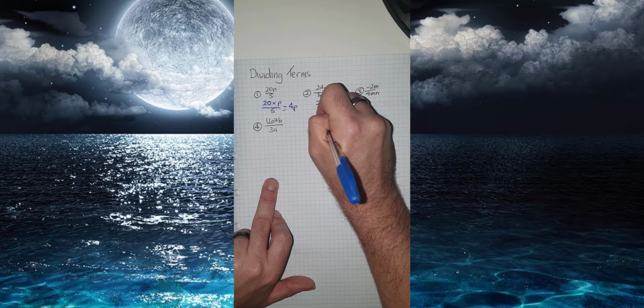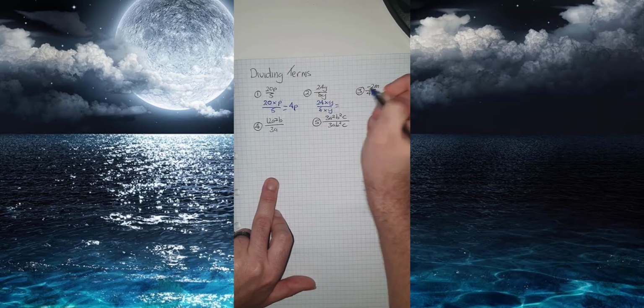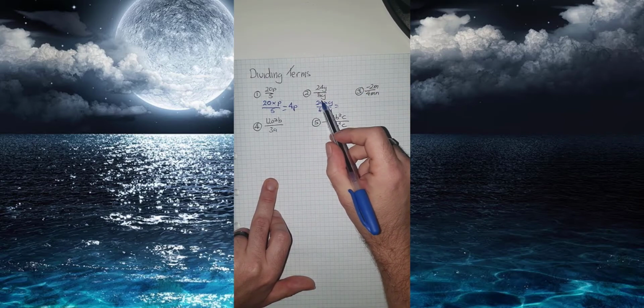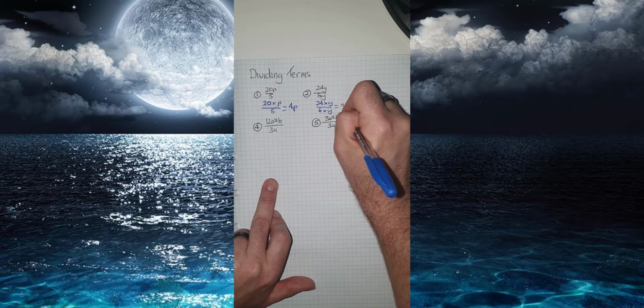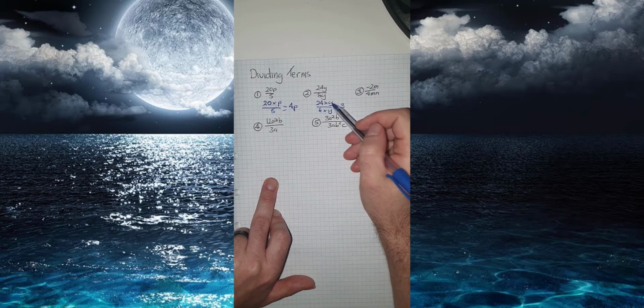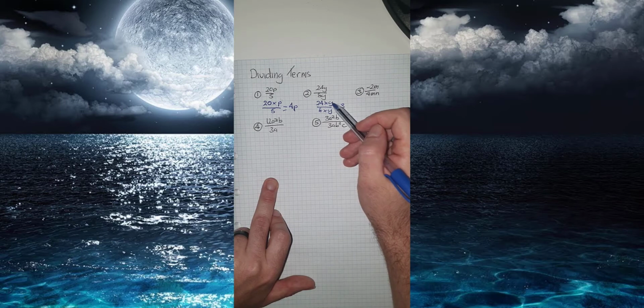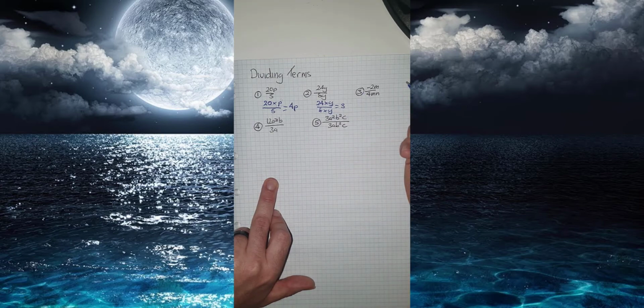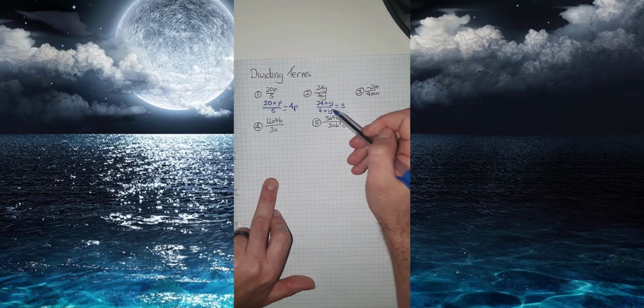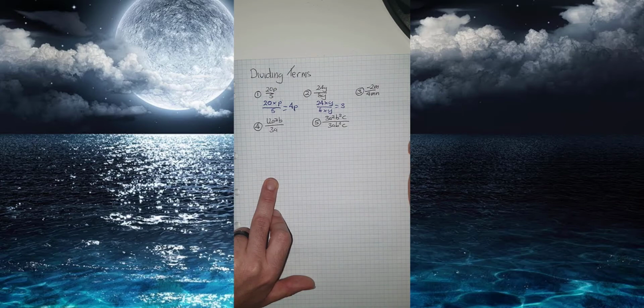Divided by 8 times y. Again, deal with the numbers first. 24 divided by 3. Now, you've got to think of the pronumerals as being a certain number. So if I associate the number 2 with y, each of these is going to be 2. So 2 divided by 2 is 1.